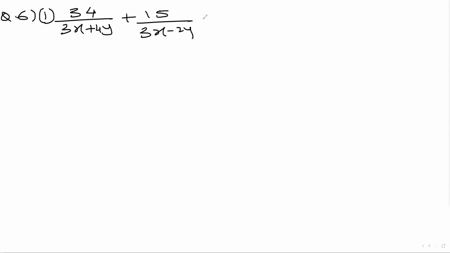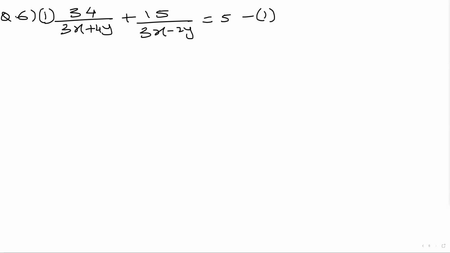Question 6 first. Let us write down the equations first. We have 34 upon 3x plus 4y plus 15 upon 3x minus 2y is equal to 5.